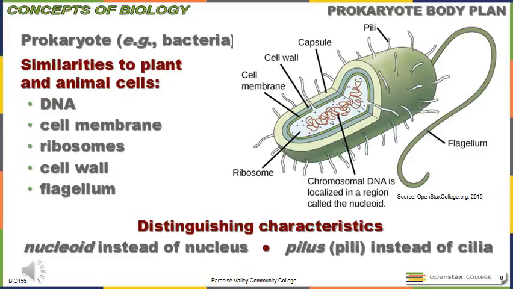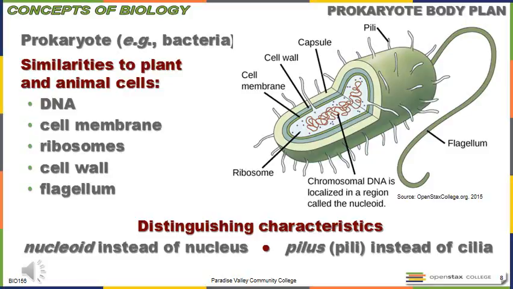And then the flagellum is the long whip-like structure you see. Looks like a big tail. And the tail will actually do that. It will whip around back and forth just like a whip, if you were to crack a whip, and it will move the prokaryote, the body, forward.